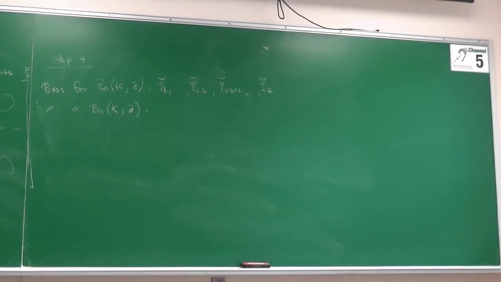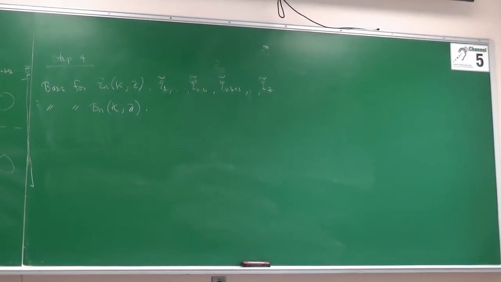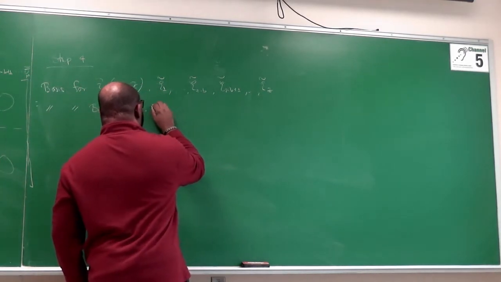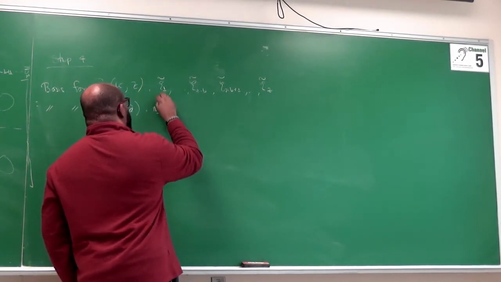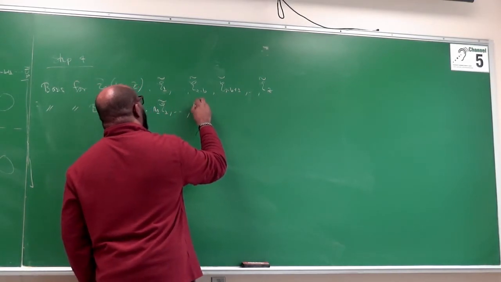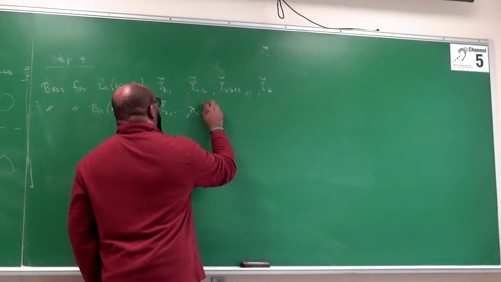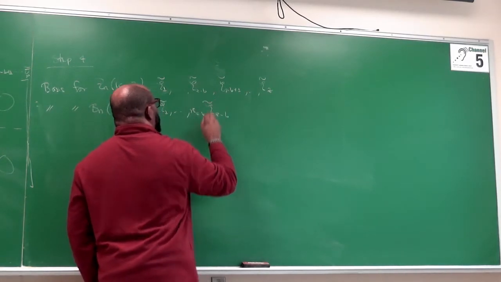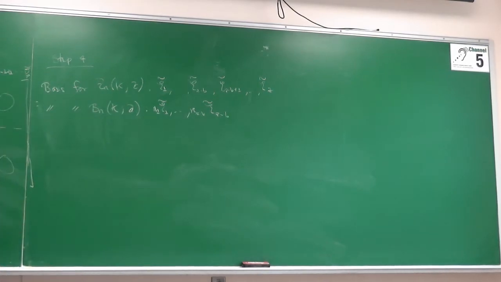So these products give you the basis for the image. So the basis is going to be n1 zeta 1 tilde, up to n z minus b, zeta z minus b tilde.